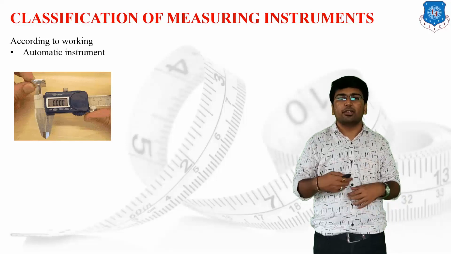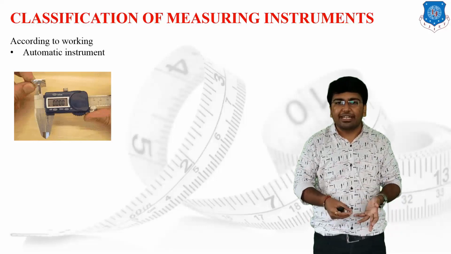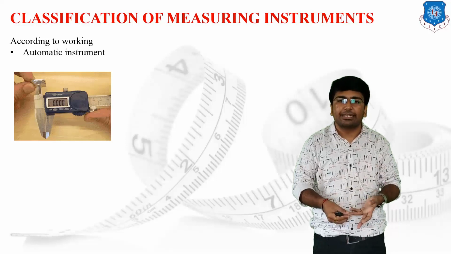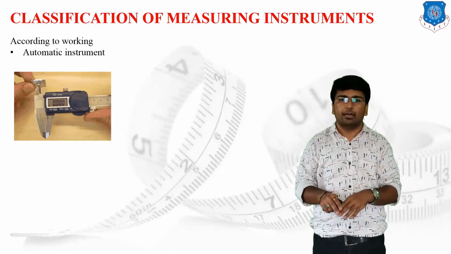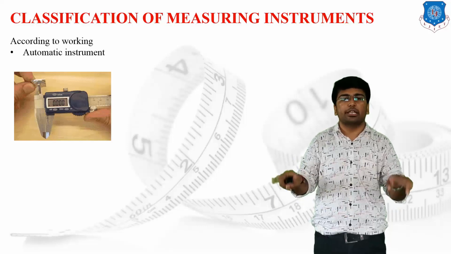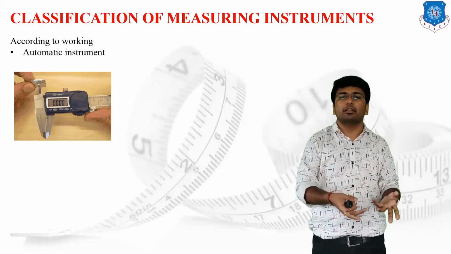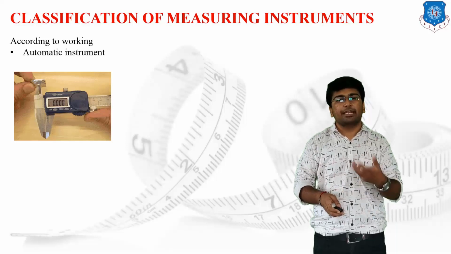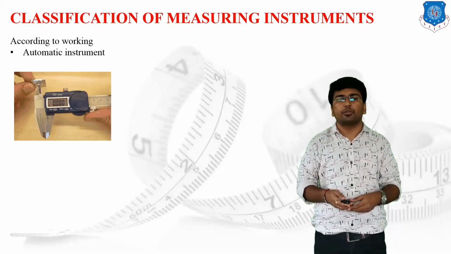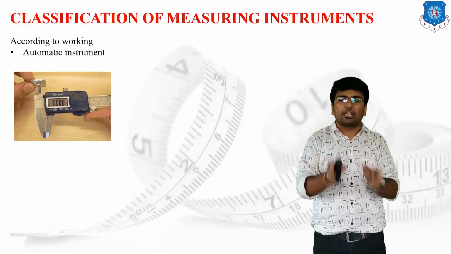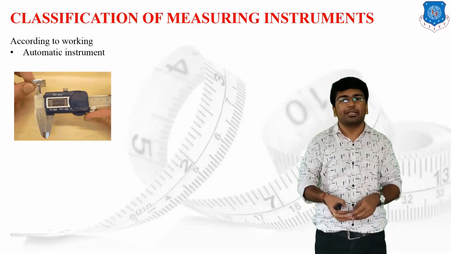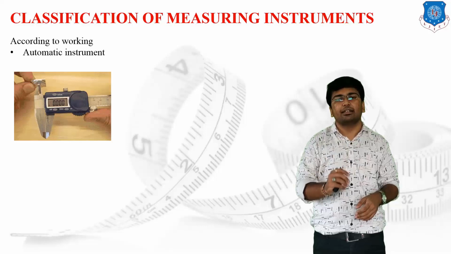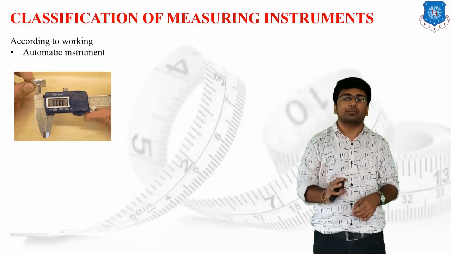It means we are not supposed to calculate the main scale reading, we are not supposed to calculate the auxiliary scale reading, and we are not supposed to apply the final formula to get the final reading of the given workpiece. We are just putting the workpiece inside the measuring instrument and measuring the dimensions by digital display only.